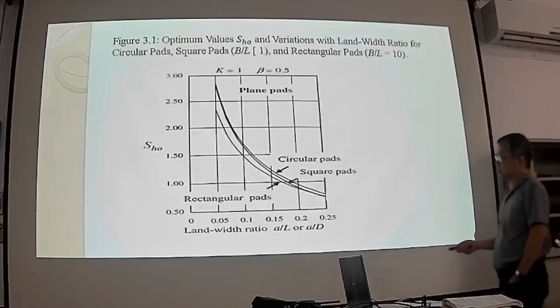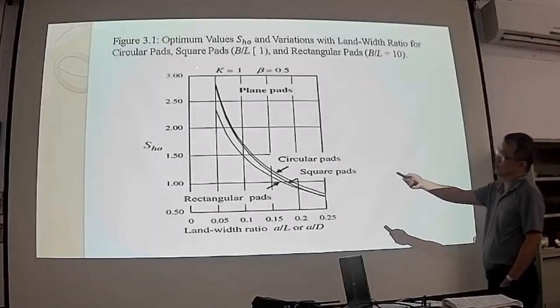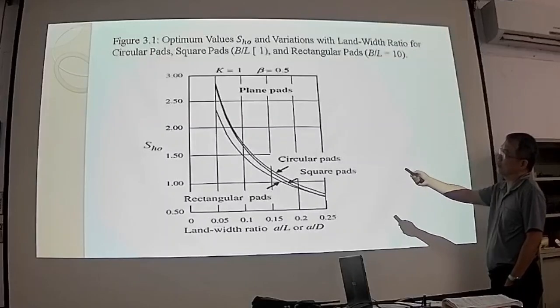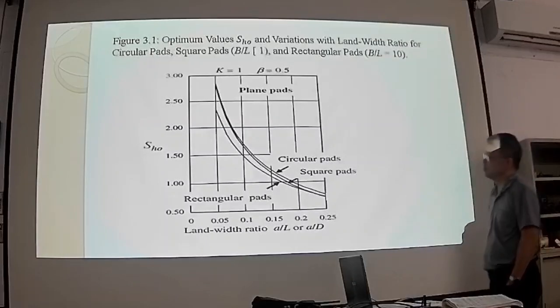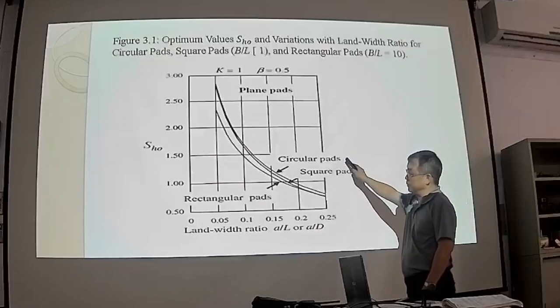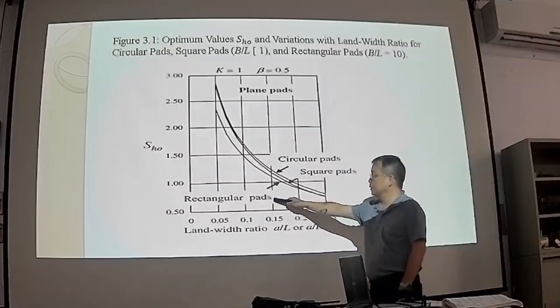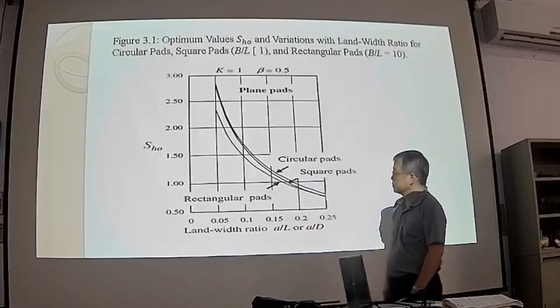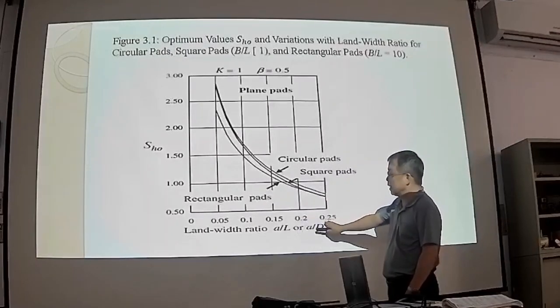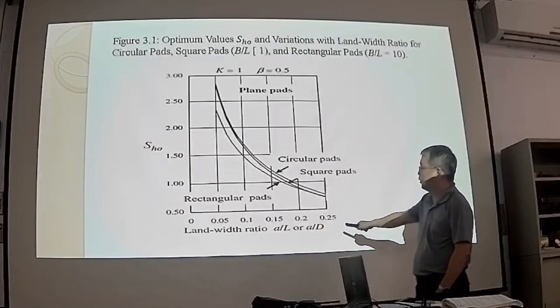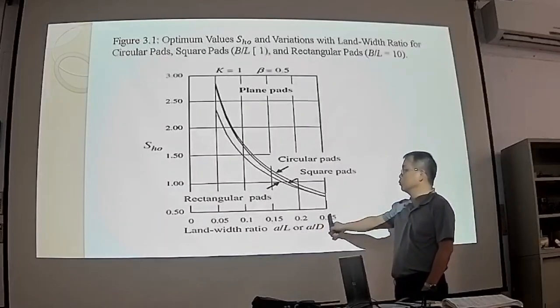So this is the design chart drawn using the constant k equal to 1, beta equal to 0.5. So we have a circular bearing pattern, rectangular bearing pattern, and square bearing pattern. Okay. So the horizontal axis is the land width ratio. 0.25 is the optimum.